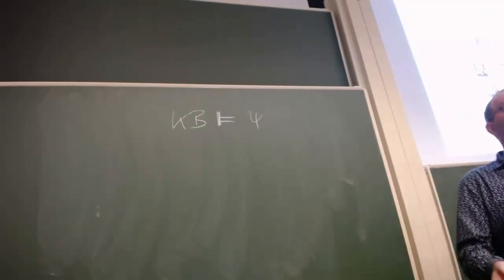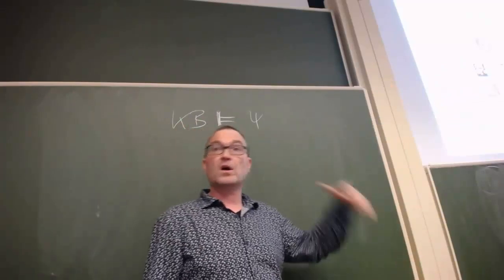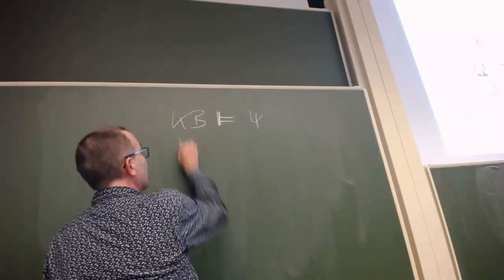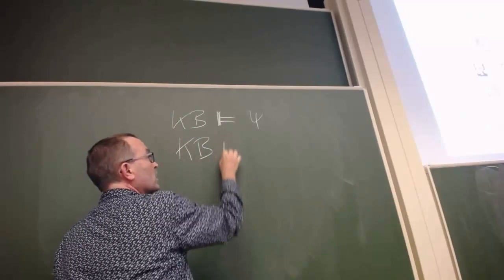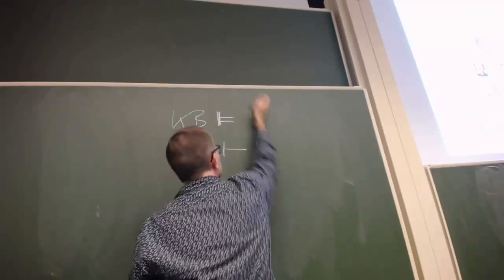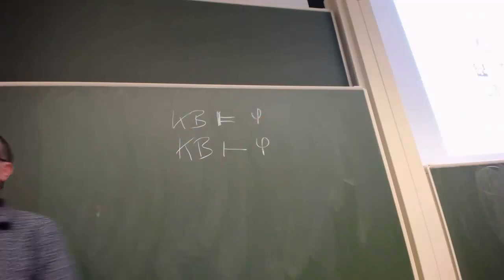And the algorithmic notion that we have is logically following, or inferencing. So we now have also the notion, that's what we're going to work on now, which is this one. Yeah. So you need to understand that these are two completely different things.